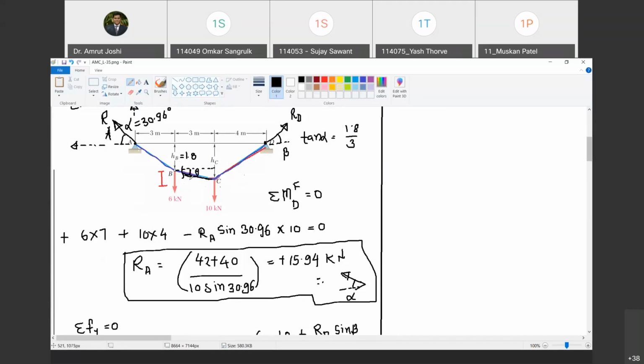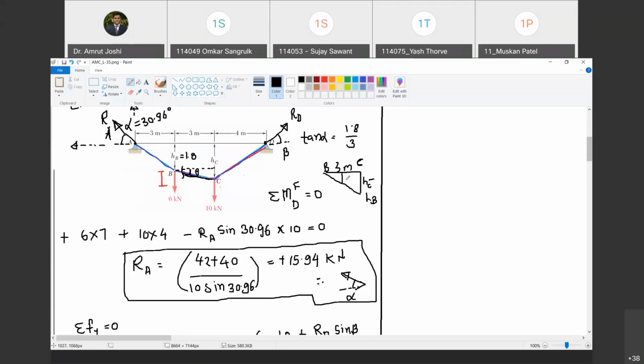Yes, sir. HC minus HB upon 3 meter. This same triangle I show here in this view. How much is this distance? HC minus HB. Do you agree with me? Yes, sir. How much is this distance? 3. This is point B. This is point C. This is 3 meter.